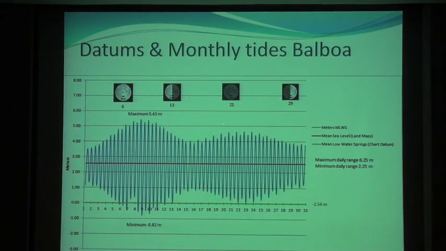This is first of all a word about datums. This is a tide chart for Balboa for the month of April. You can see the extreme tidal range in the Gulf of Panama, up to a maximum of, in this month, 6.25 meters. And to illustrate, the land and bathymetric charts use different datums, different zero levels.